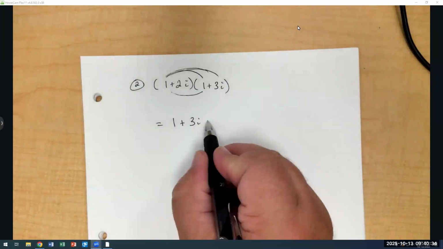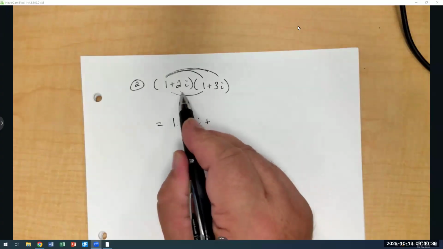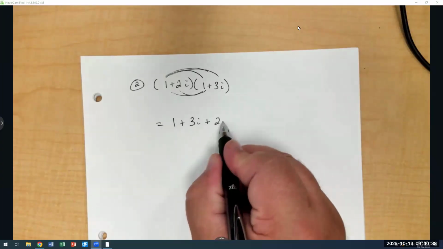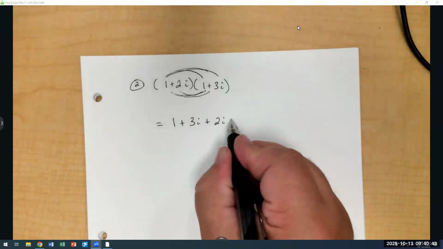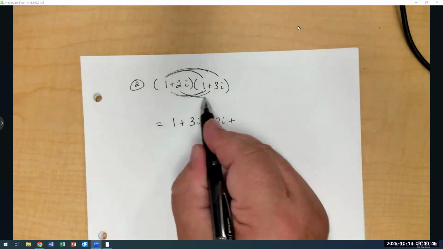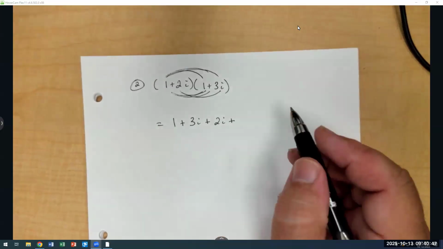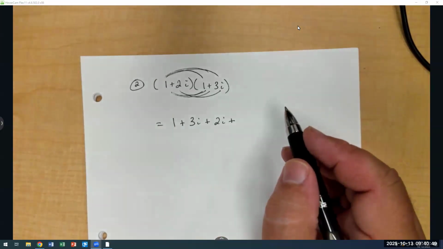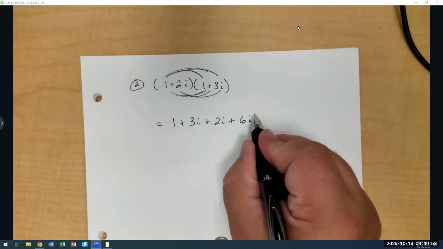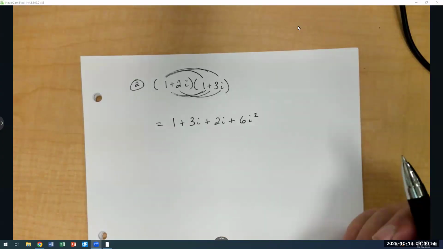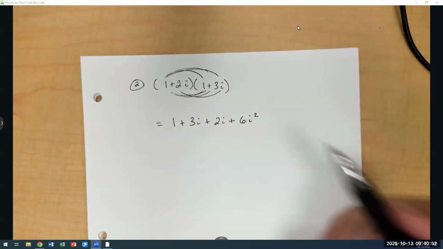Positive times positive is positive. 2i times 1 is 2i. Positive times positive is positive. 2i times 3i is what? 6i what? Squared. i times i is i squared.